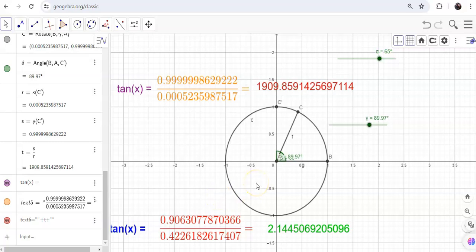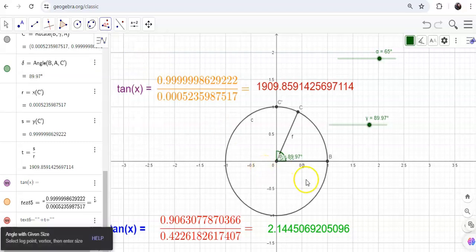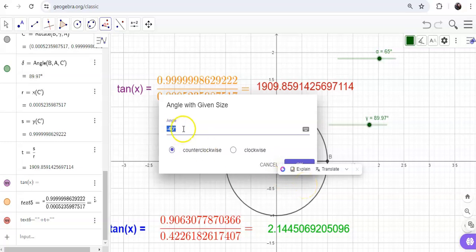And in order for us to have an angle in standard position in the fourth quadrant, it should be a negative angle. So look at here. We need to input a negative angle, such as negative 40 degrees, in order to have angle BAB, for example, in the fourth quadrant, or BAM.